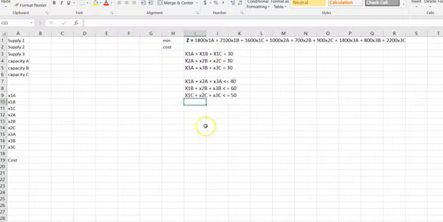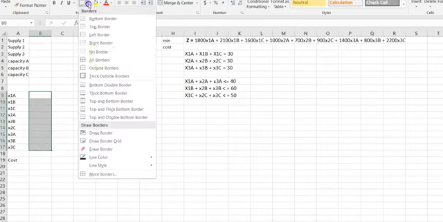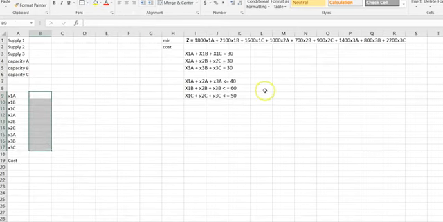Okay, now we're going to solve our model. I have everything typed in so we can see what all our constraints are. So we have our 9 decision variables.